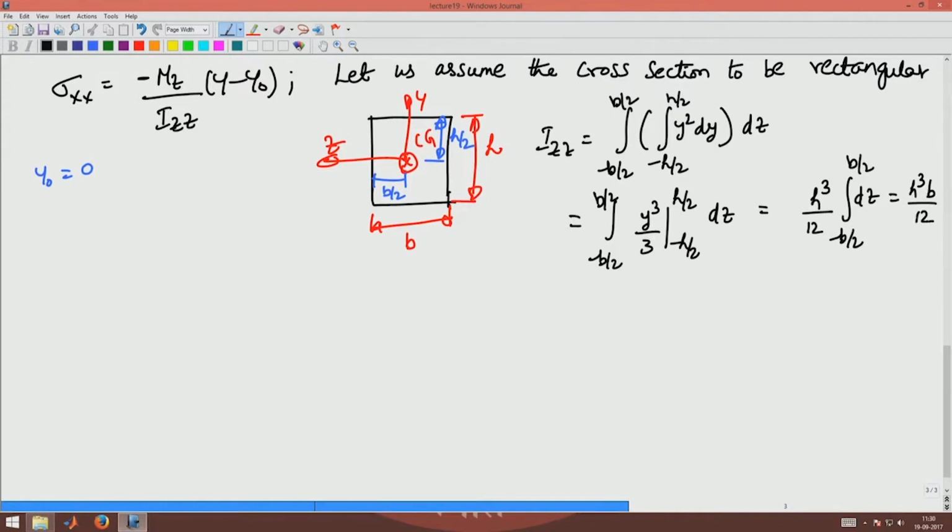Okay. So from here you got Izz to be bh cube by 12.